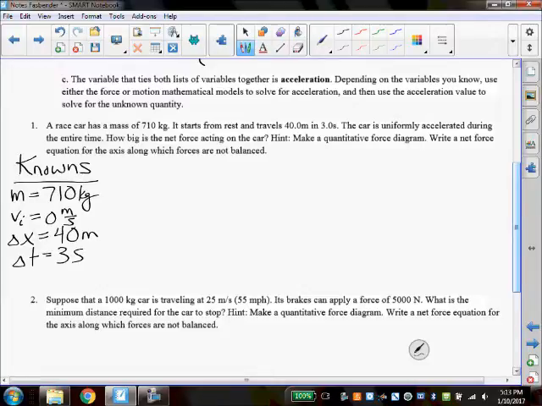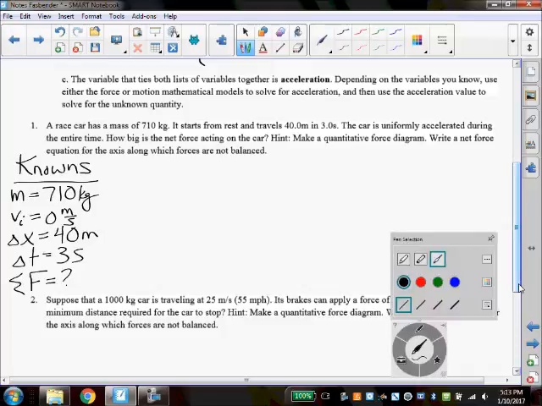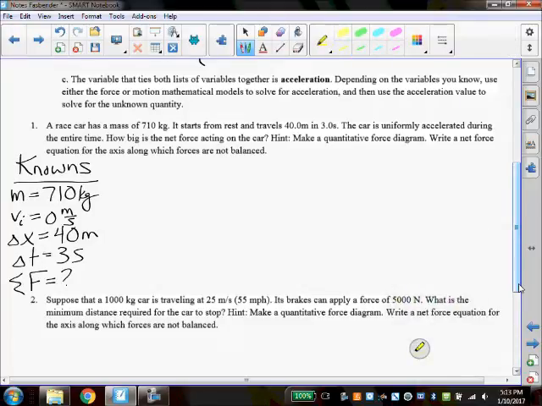Now we want to know how big is the net force acting on the car. So you see now how we've got three different variables that deal with motion, and then we've got two things that deal with forces, and it's the forces that we want to answer the question for.